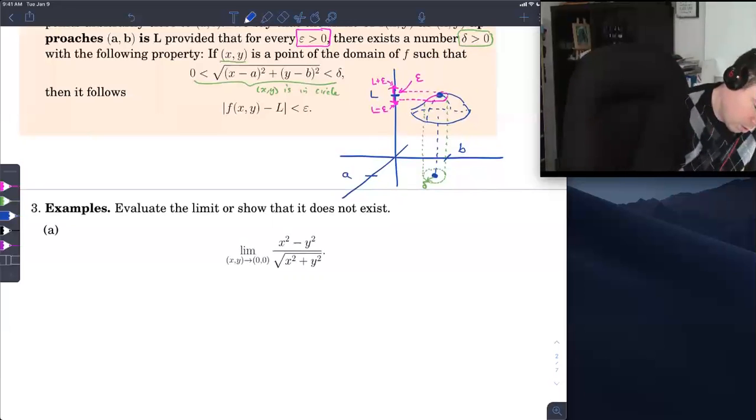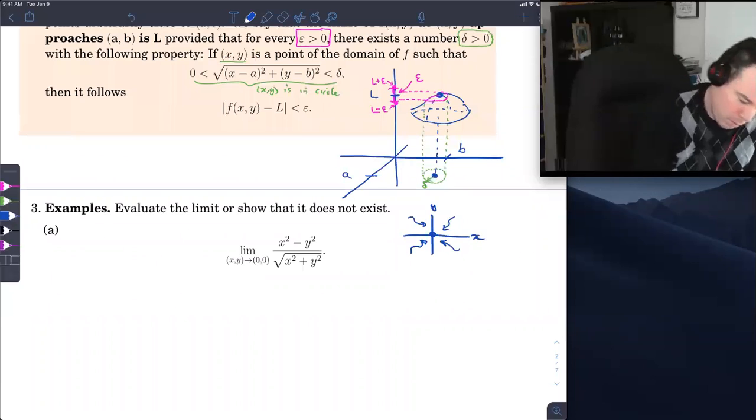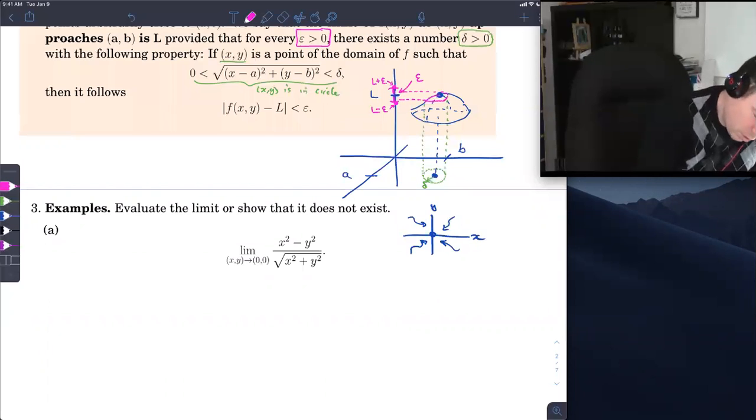So maybe I'll draw a little picture first. We're interested in being in the xy-plane. We're interested in points that are getting closer and closer to 0. And I have to come at it from every direction. If I want to show that the limit exists, I have to show that it's independent of the direction I come at it from. But why don't we just get a feel? Let's just come at it from one direction and see what happens.